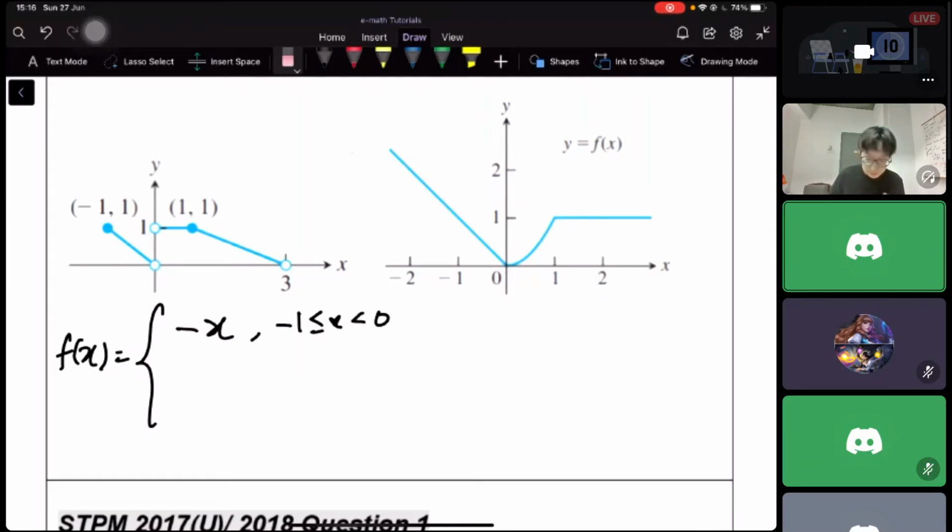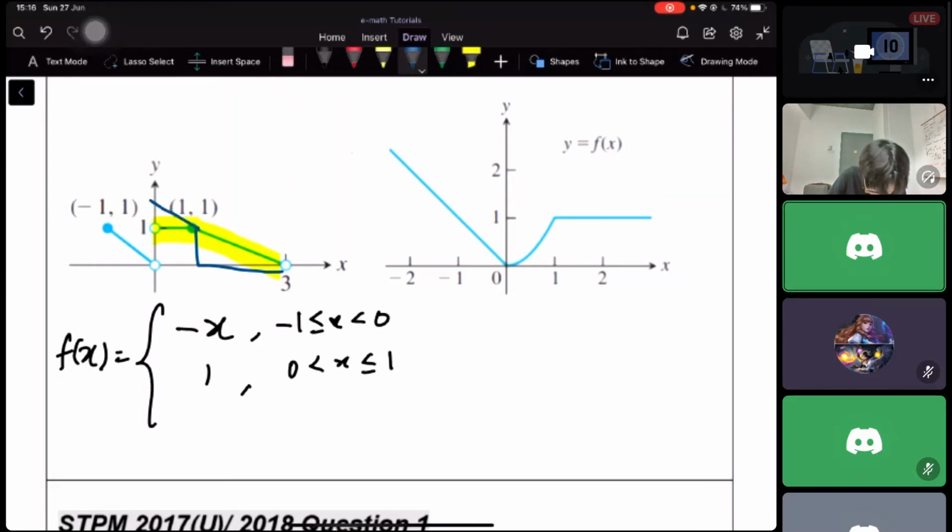Okay? Then when it is between 0 and 1, include 1, then what is the value of y? It's just 1. Then what about this part? This part also is a straight line. You go and do your y equals mx plus c.